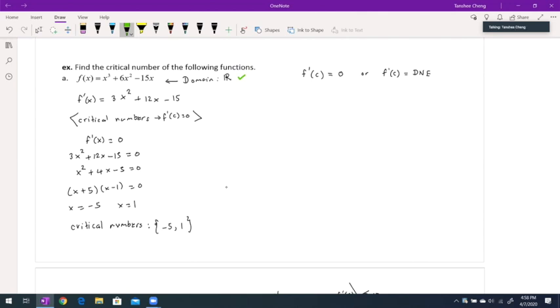Once I get the factors, I can clearly see that x equal to -5 and x equal to 1 are the possible critical numbers. Now, why do I say possible critical numbers? Because not necessarily all the time on each question will I ask you to look at the entire domain. Sometimes I will give you an interval such that that interval may not include one of these critical numbers.